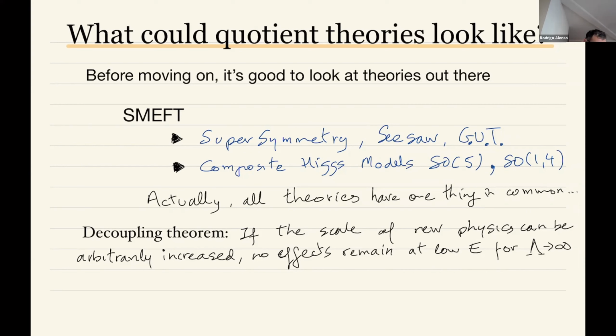Good to mention that that common property that they have is guaranteed by the decoupling theorem, that tells us that if the scale of new physics can be pushed up indefinitely, can be arbitrarily increased, there shall be no effects left at low energy when we take that limit, and one is left with the standard model, nothing but that, which is the self-consistent renormalizable theory that you're left with after taking everything else to be very heavy.